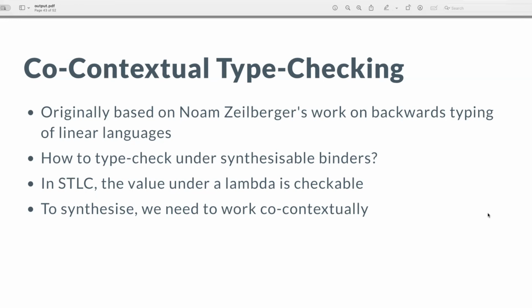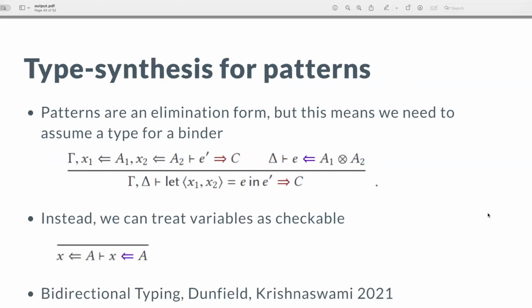The problem is, if you have more complicated elimination forms, such as more complicated binders like pattern matching, and we've seen before, most of our elimination forms are very complicated, you can't make an assumption of the binder. Because if you're synthesizing a pair and you have a pattern match that needs to know what the two things are, you can't give it because you're synthesizing it.